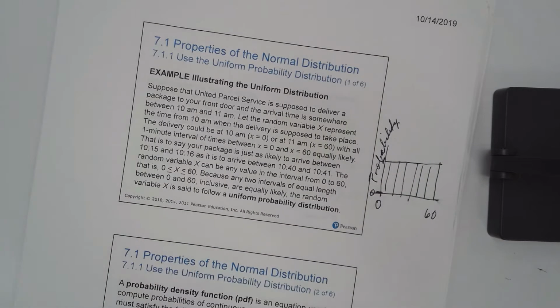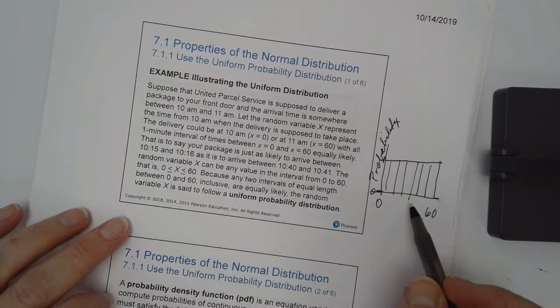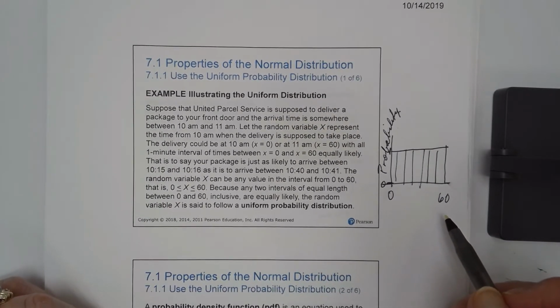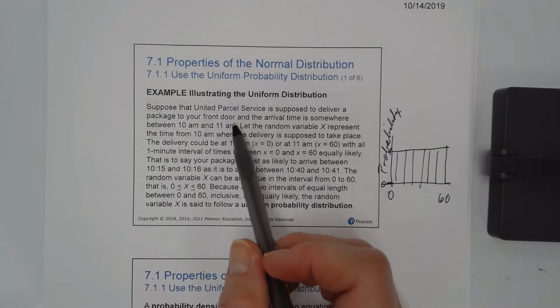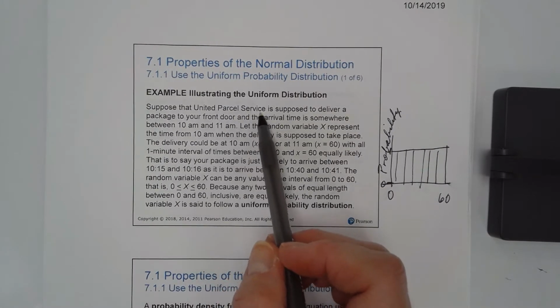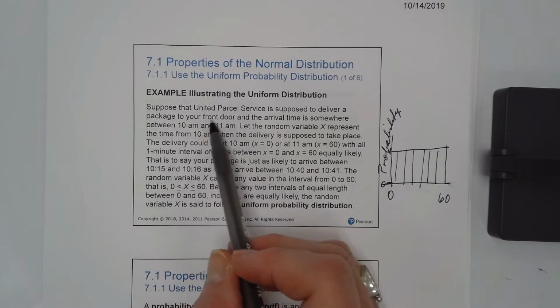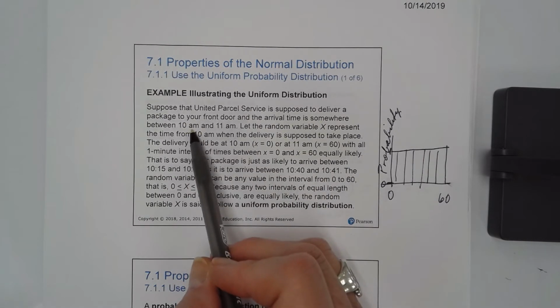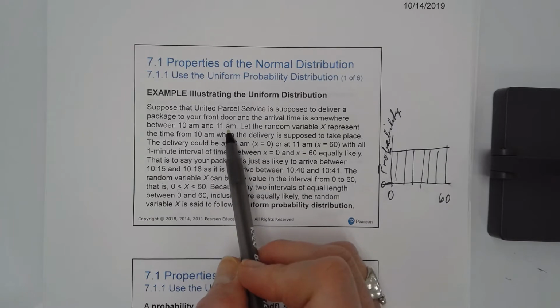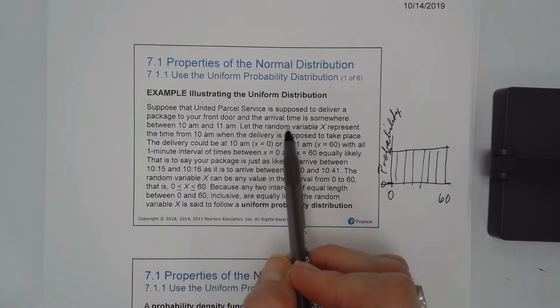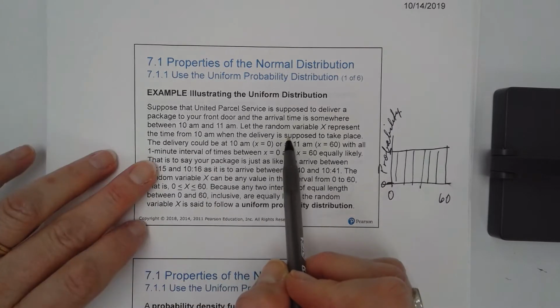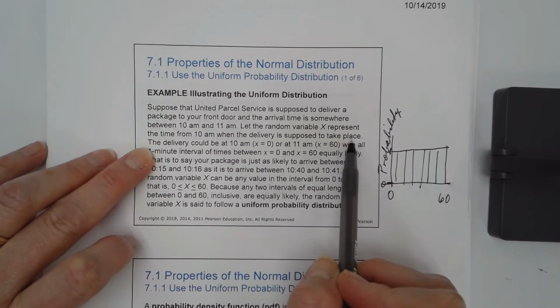All right, so the first thing we're going to look at, though, before we get to a normal curve is a uniform distribution. In this case, it says, suppose that the United Parcel Service, UPS, is supposed to deliver a package to your front door, and the arrival time is somewhere between 10 a.m. and 11 a.m. So let the random variable x represent the time from 10 a.m. when the delivery is supposed to take place.